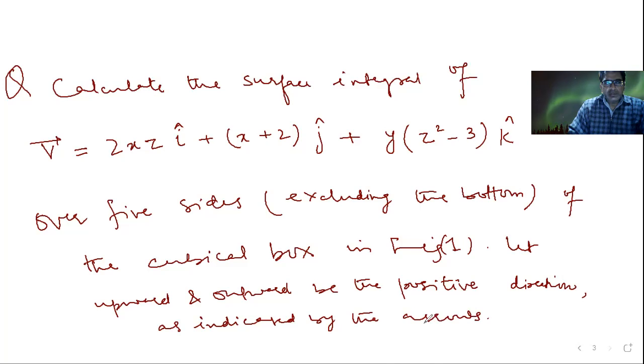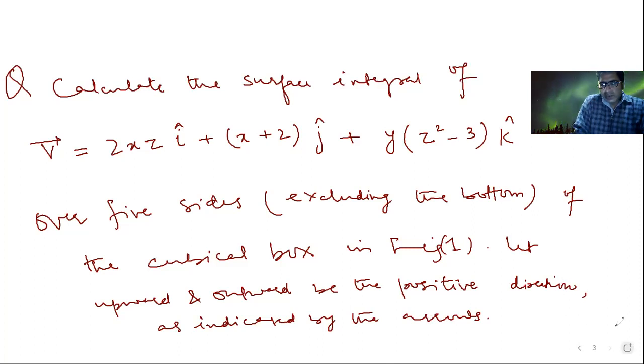We are given a vector field V equal to xz i cap plus (x plus 2) j cap plus (y times z square minus 3) k cap. We have to calculate the surface integral of this vector field over 5 sides excluding the bottom side of a cubical box, which is indicated in the figure.